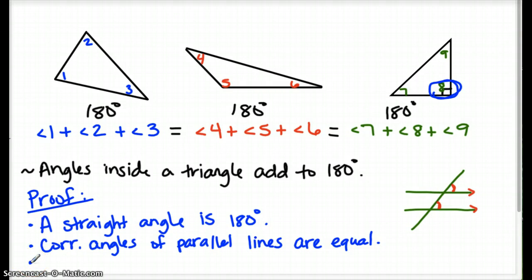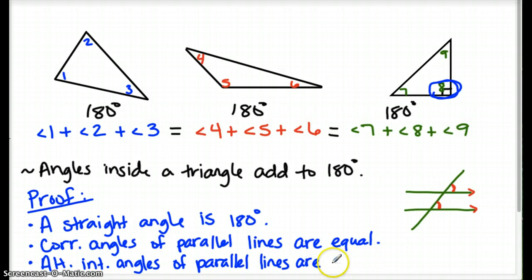Okay, and then the third thing that we need to know is that alternate interior angles of parallel lines are also equal. So you can take a minute in this diagram and figure out where the alternate interior angles are. They're going to be inside the parallel lines and on opposite sides of the transversal.